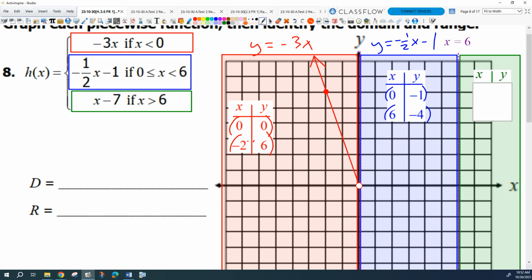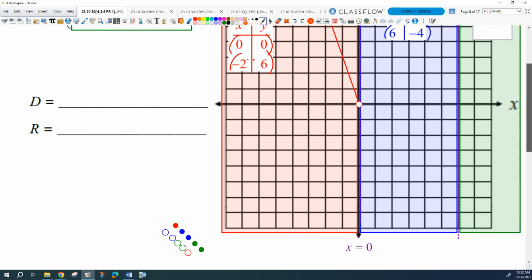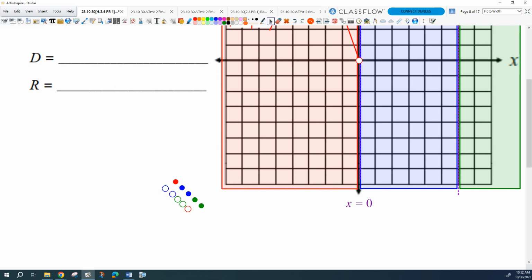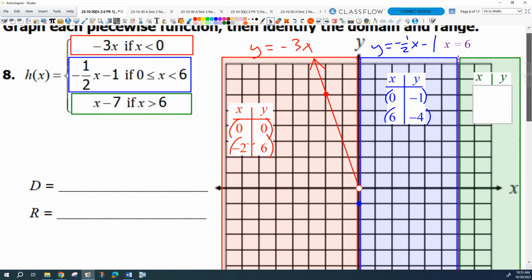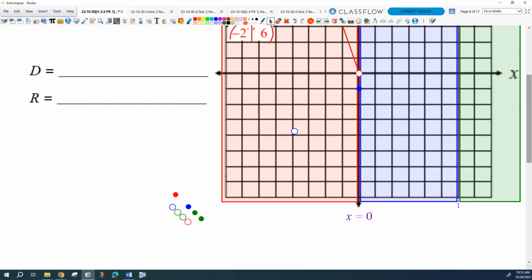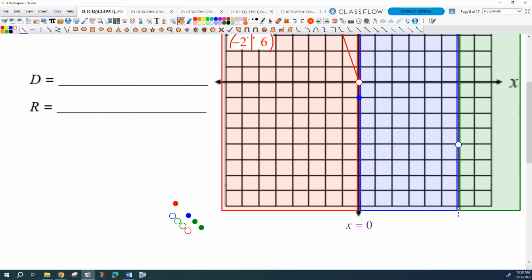At 0, closed. So the point 0, -1 was closed. 6, -4 is open. And then I just have to connect those two with a line segment. So there's the graph of the blue piece.